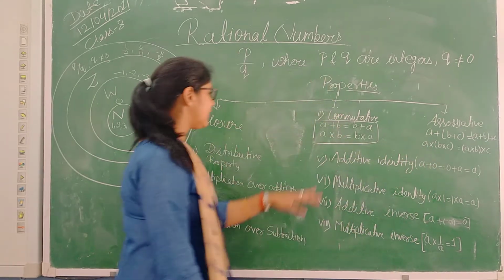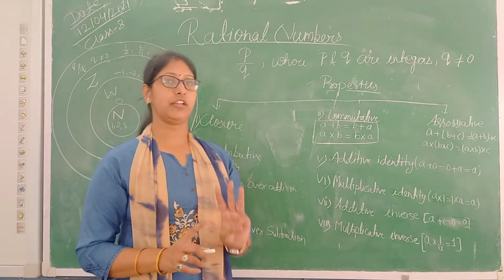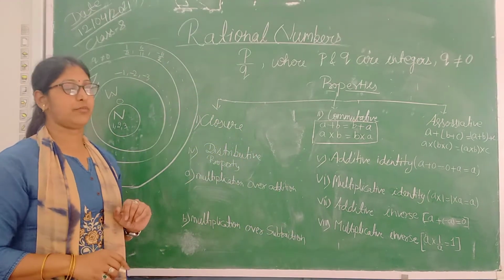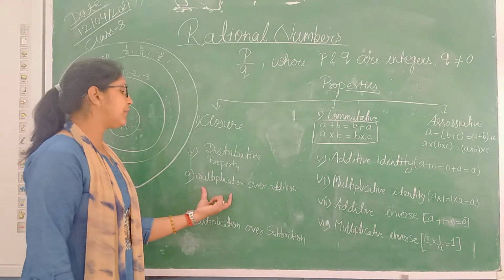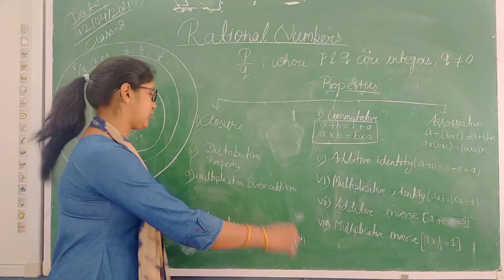Next is the distributive property. When we have 3 numbers with different operators, then we use the distributive property. It is of two types: multiplication over addition, and multiplication over subtraction.